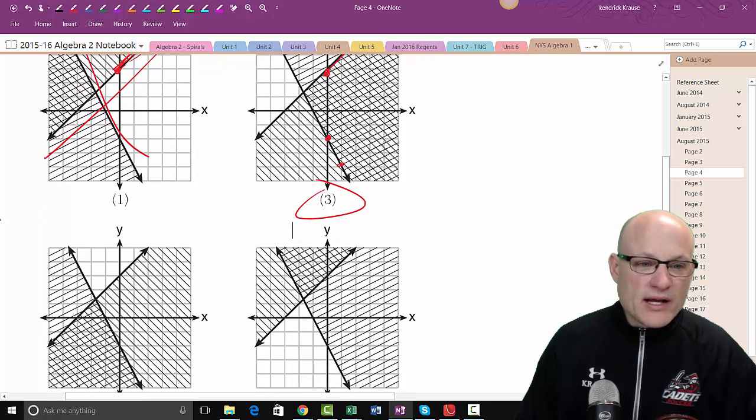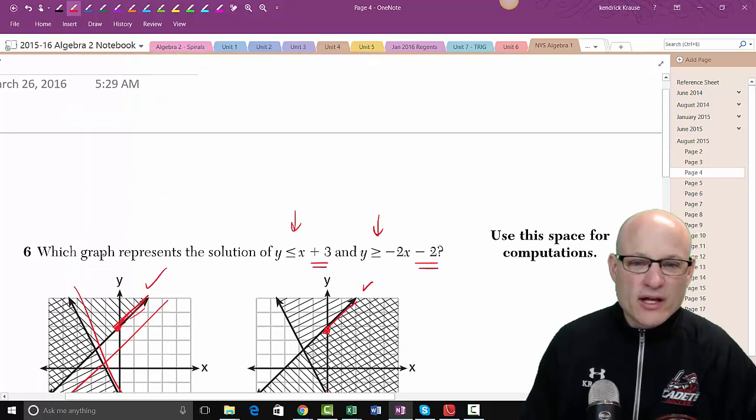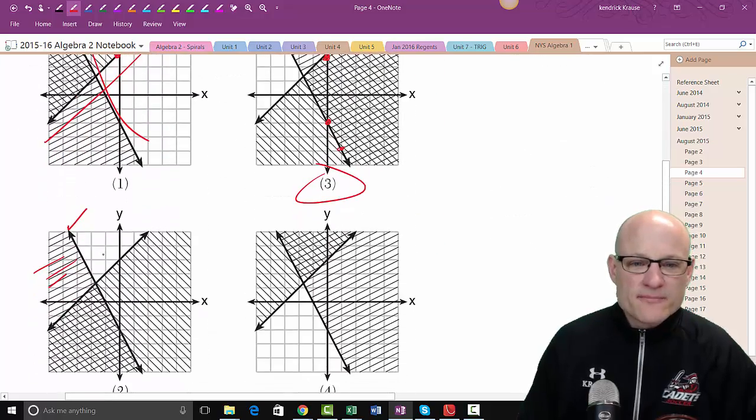This has the right line here, but it's shading down, and this one's greater than, so we don't want that one. And this one, they both have the right lines, but again, this one's shading up, and it should be shading down. So the answer is choice 3.